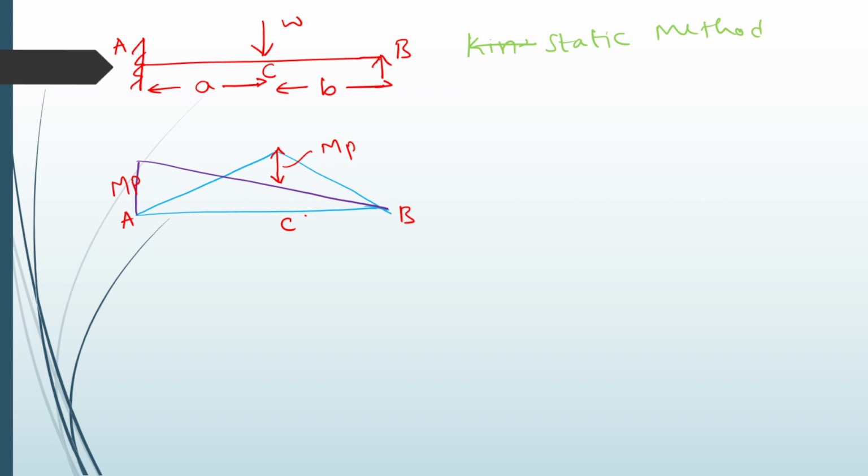Due to this point load, the maximum bending moment value is WC into AB divided by L. Then, the other equation is the plastic moment at that point, which is MP.